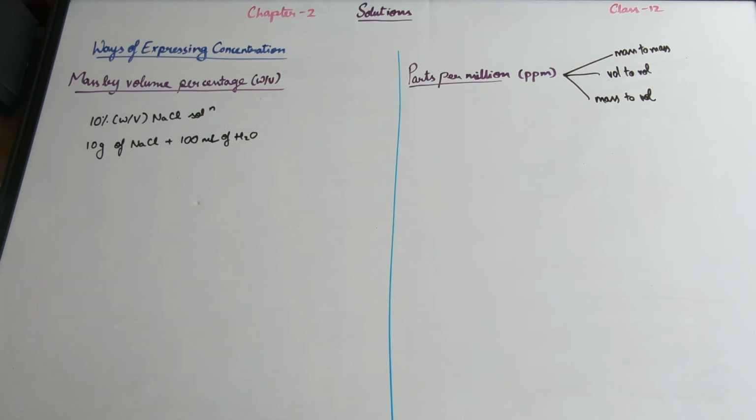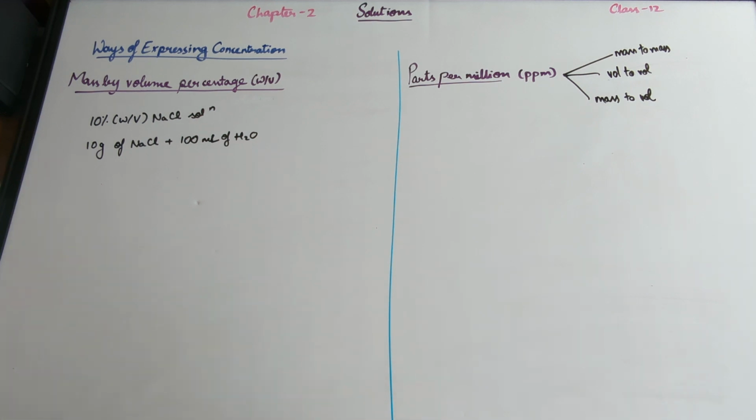So low that you can't even detect it. And we need super sensitive equipment to detect it, and it does detect it, obviously, but when you express it and you have so many decimal points, it gets really annoying. And because of that, we have something called parts per million. So parts per million basically means that the part of the component which is in million parts of the solution.